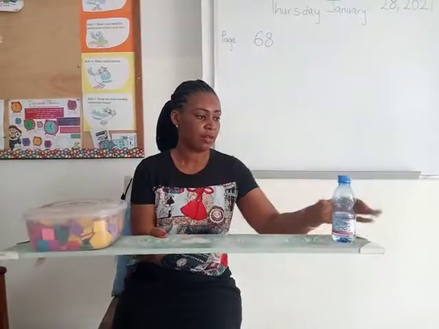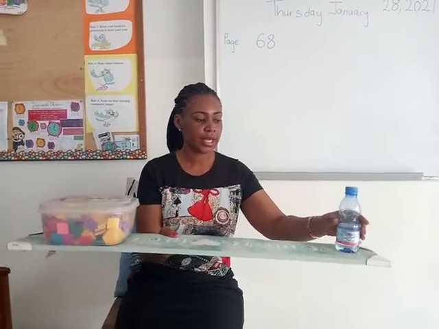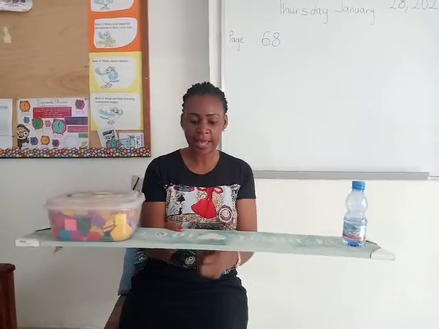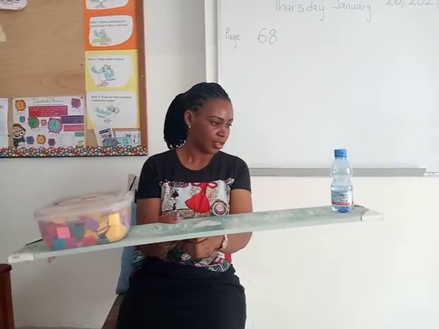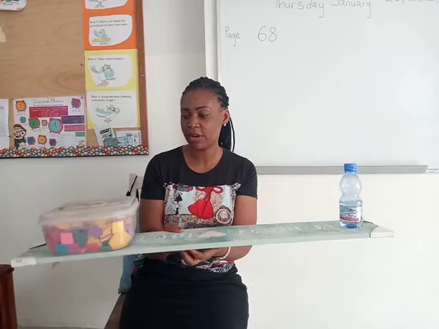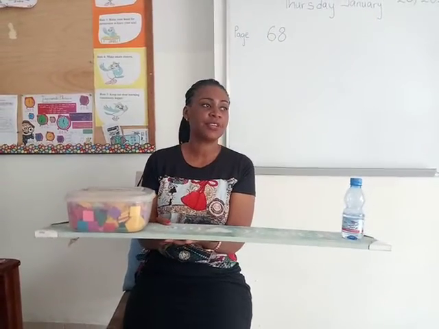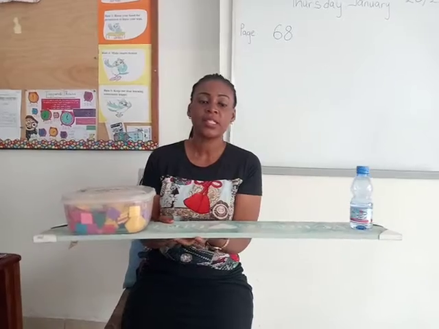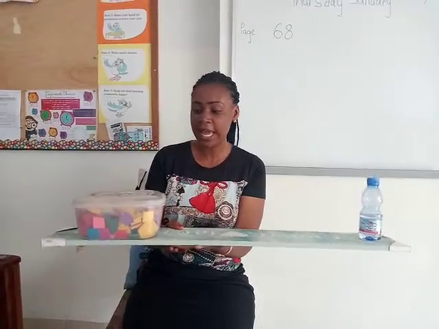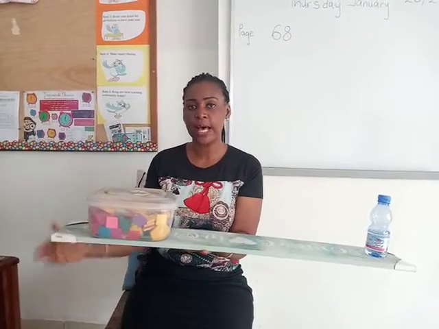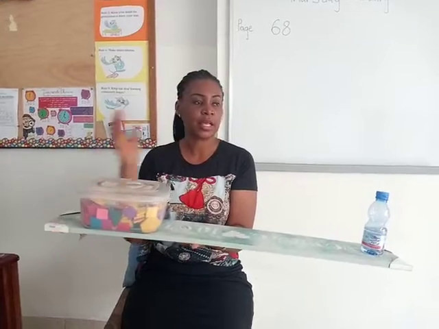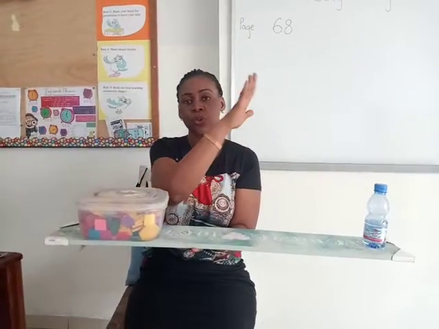And here you have a bottle of water. I'm going to use my hand to put under it, so that we can know which side weighs heavier or lighter. Remember, the side that weighs heavier is going to go down. It's going to draw down the balance, making the lighter part go up.